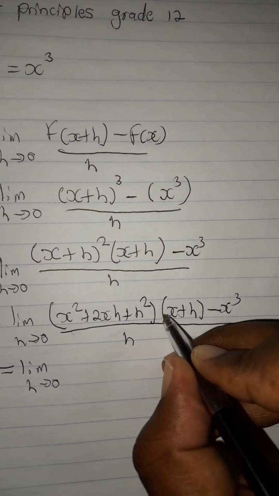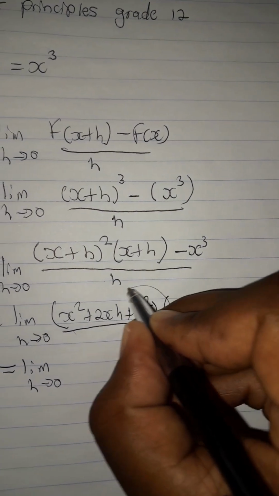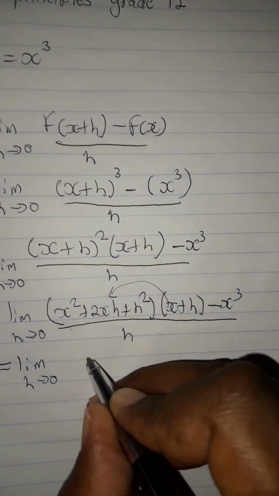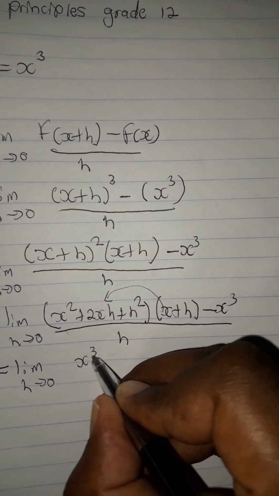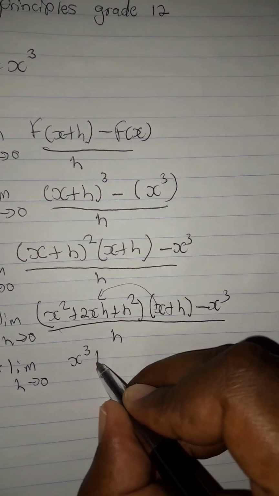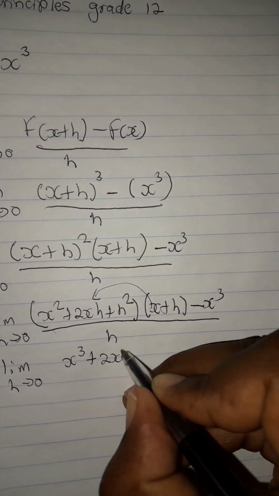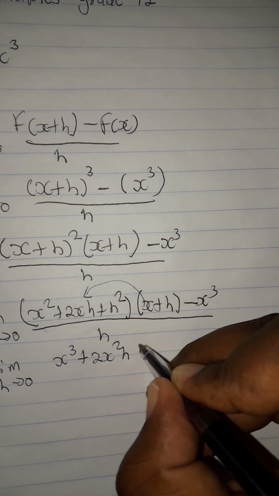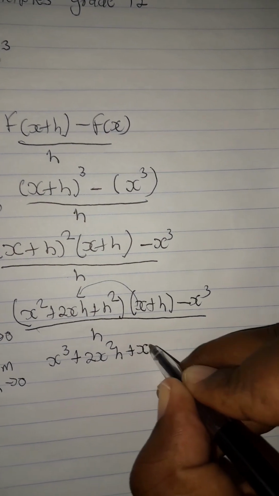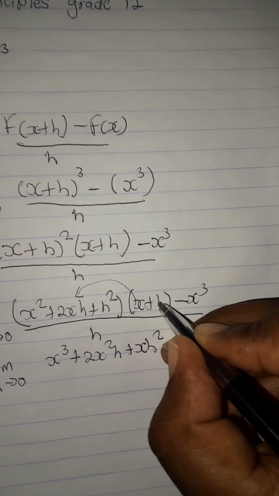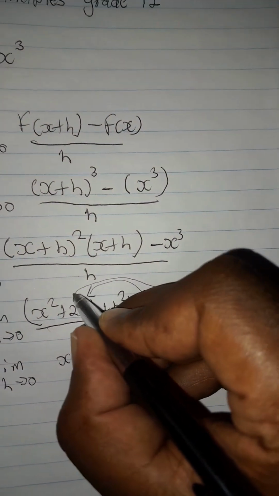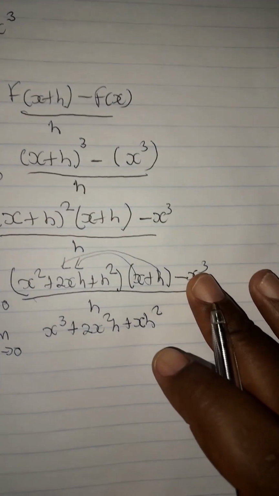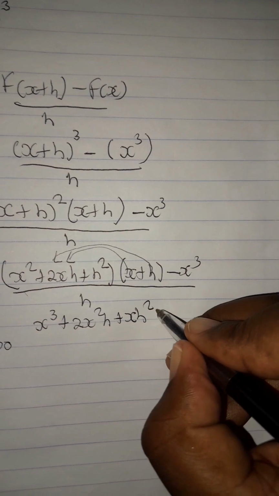So let's work out this: x will multiply everything that is inside the bracket. x multiplied by x squared, that will be x cubed. x multiplied by 2xh, that will be 2x squared h. Then x multiplied by h squared, that will be xh squared. Then now it's h's turn. h will multiply everything that is inside the bracket.